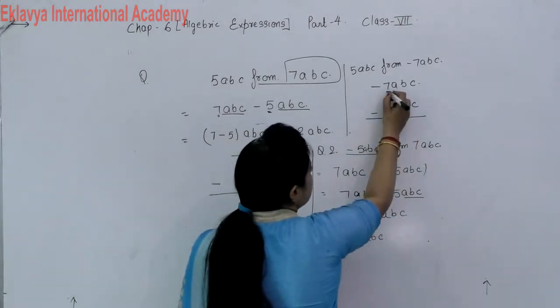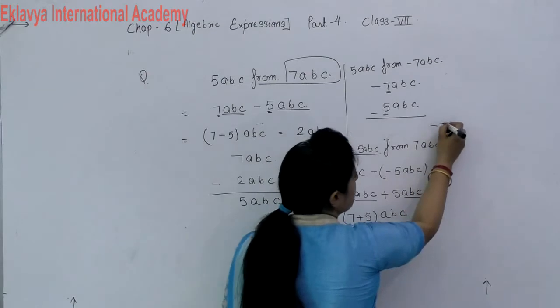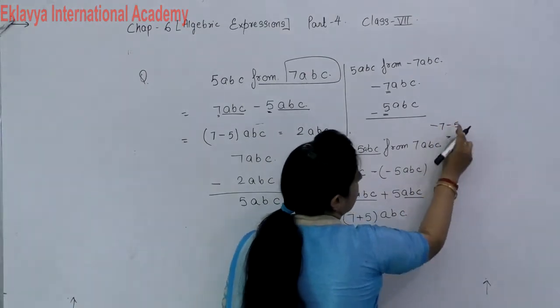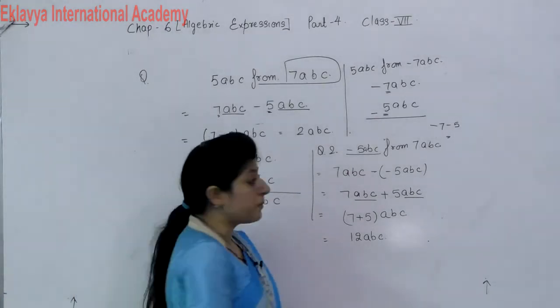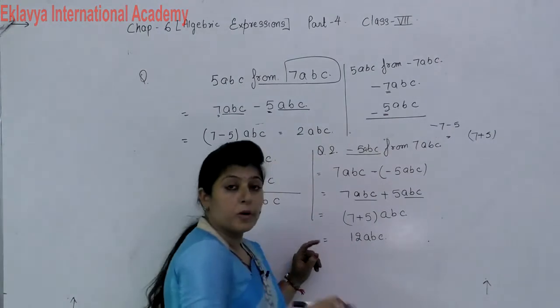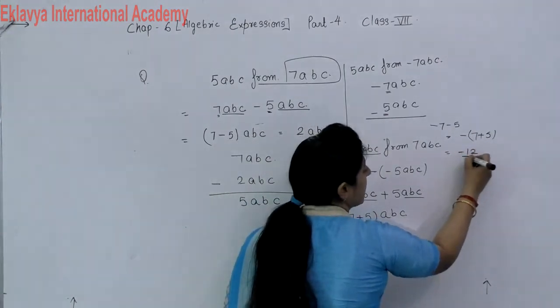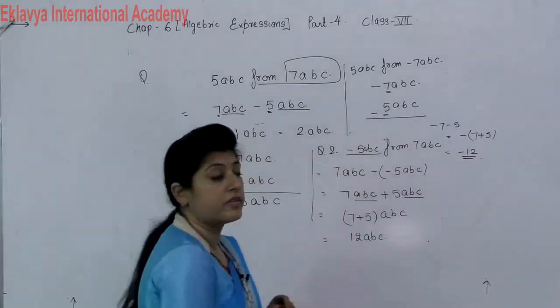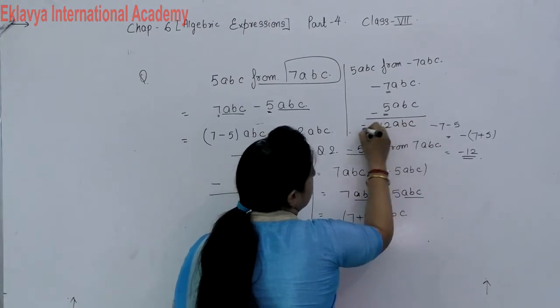Then minus 7 and minus 5, both are negative. How to solve it? Minus minus becomes plus, so we take 7 plus 5. Both are negative, so our complete answer will be negative, minus 12. So our answer will be minus 12abc.